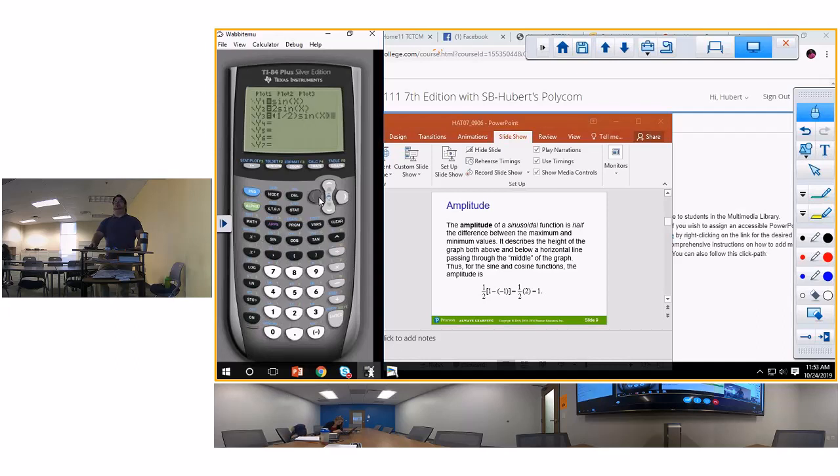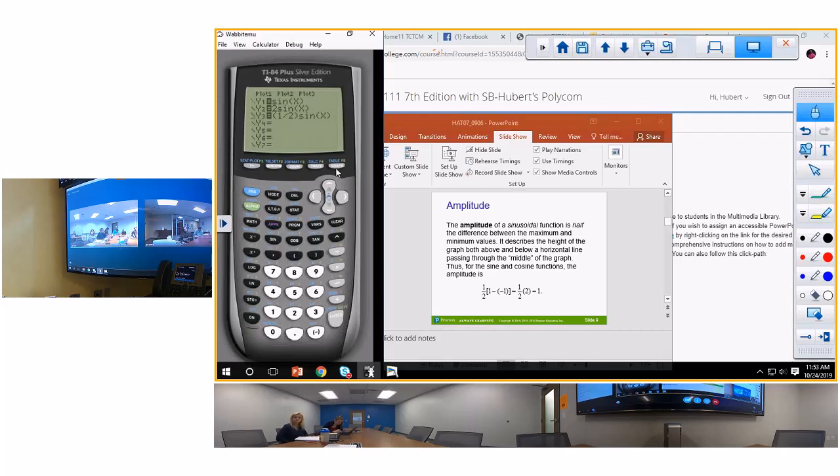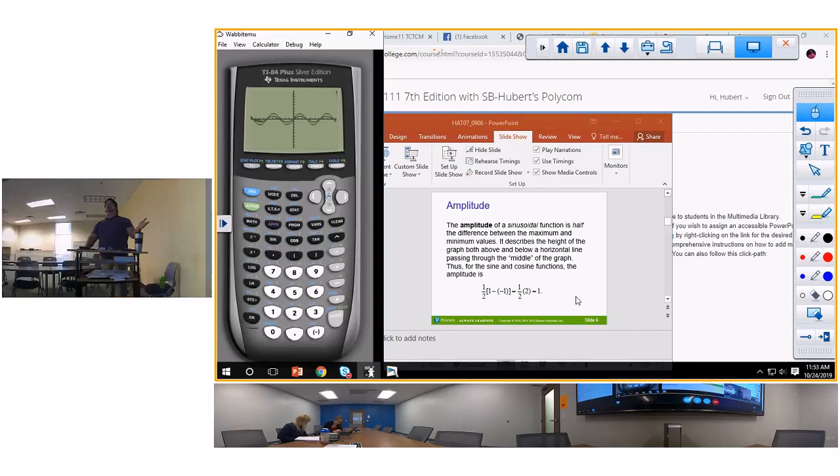And I'm going to make that a dark line. Everybody with me? So, hit graph. There is my, and there's the second one. And then the third one's going to be stretched out.